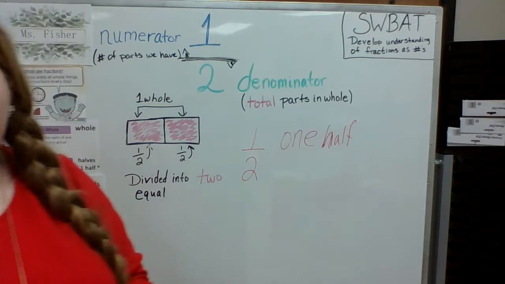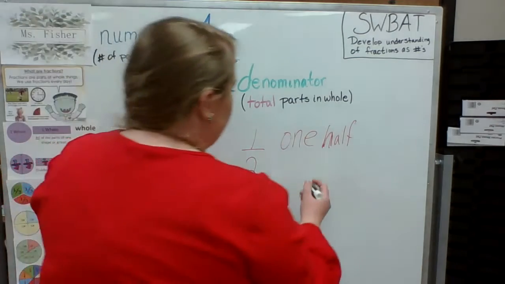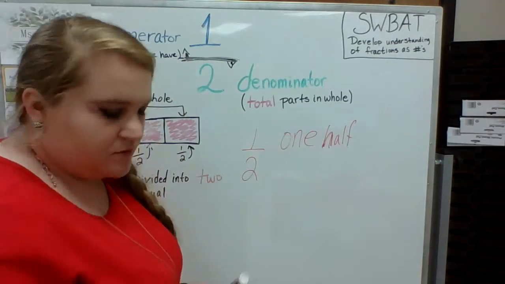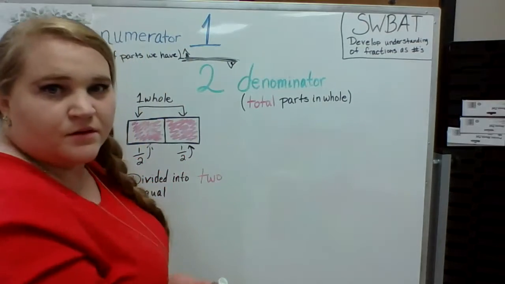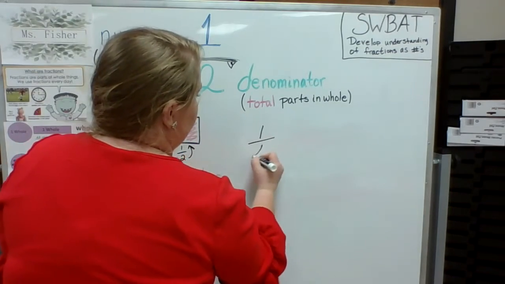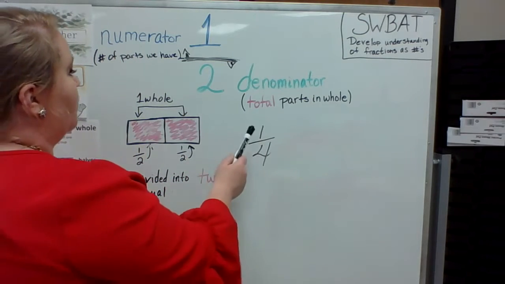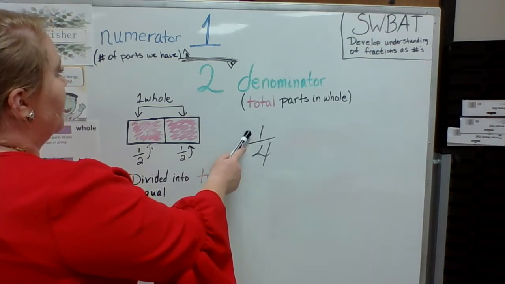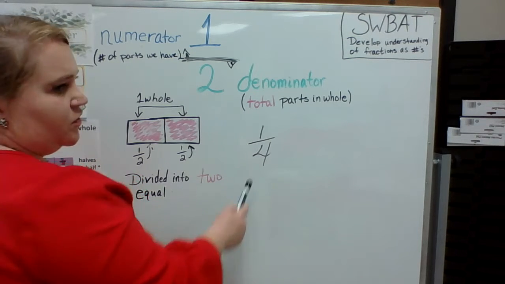So you say you have 1/4. Okay? So you have 1/4. So that means that you have 1 part over the total parts in a whole.